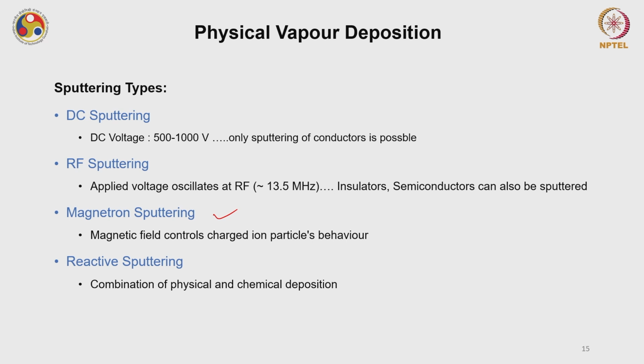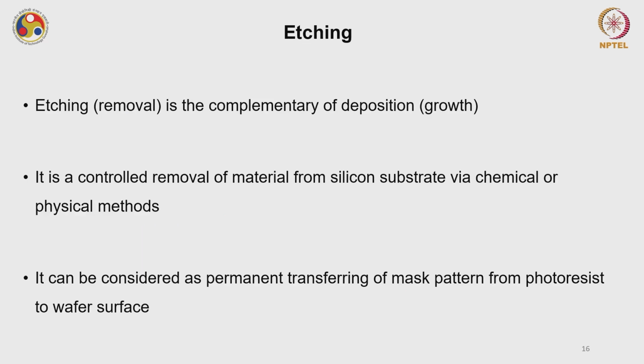And the final one is reactive sputtering, which is a combination of physical and chemical deposition. Apart from the physical ions that you introduce for bombarding the source or the target, you also introduce some gas which can chemically react.